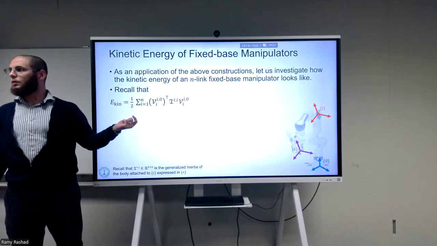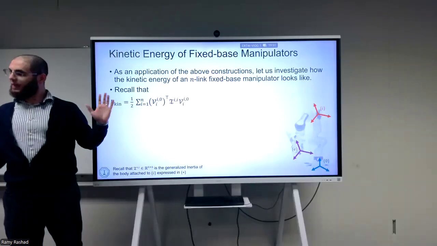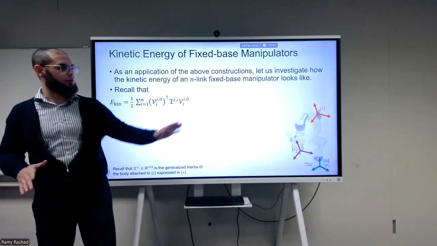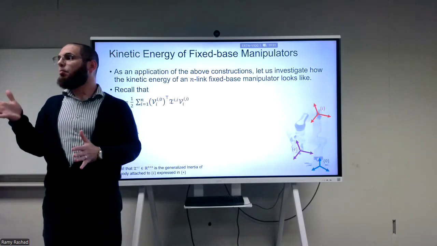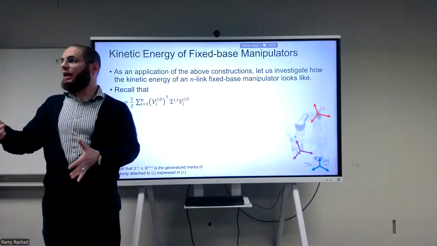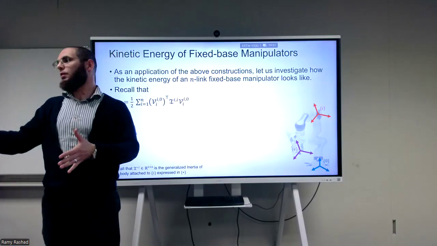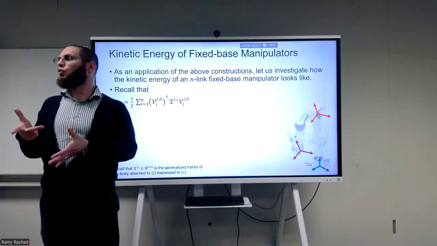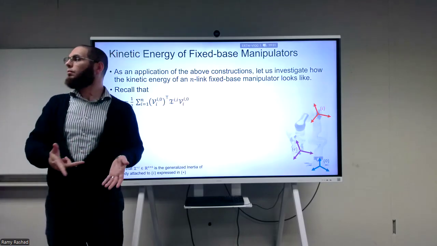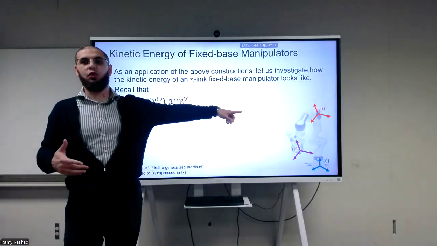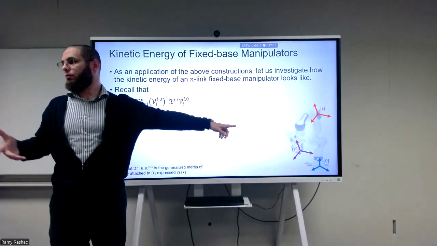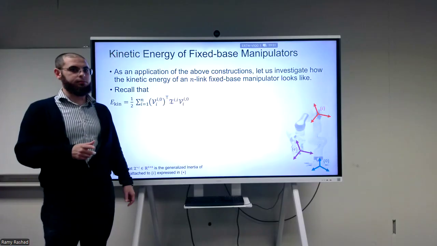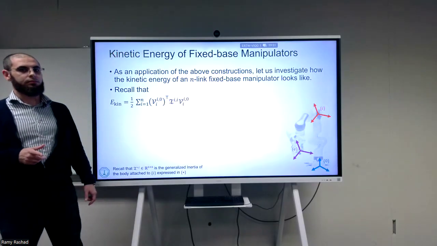The body consists of I frames? Exactly. The convention that we follow is that every body that we have, we attach to it a body-fixed frame. If we have the ith body, we attach to it the ith frame. So frame I is attached to link I in the robot. You're expressing each kinetic energy in its own body's frame?